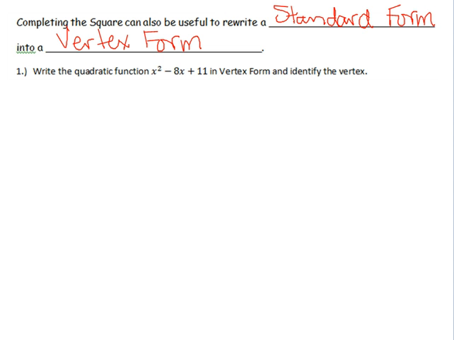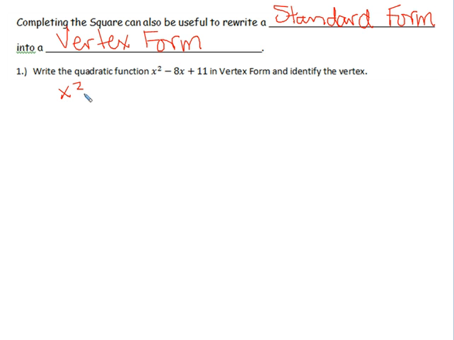That's when you had to break it apart and use the FOIL process or distribution a couple times. But this time we're going the other way. So instead of breaking it apart and distributing, we're going to use this completing the square process to change standard form into vertex form. Since we're going to use completing the square, the same steps apply.